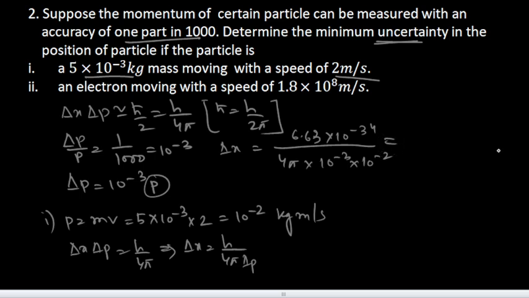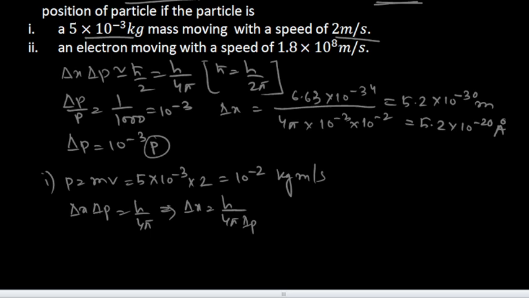Now if we put these in the calculator, we'll get 5.2 into 10 to the power minus 30 meter, or 5.2 into 10 to the power minus 20 angstrom. So that is the answer to the first question.